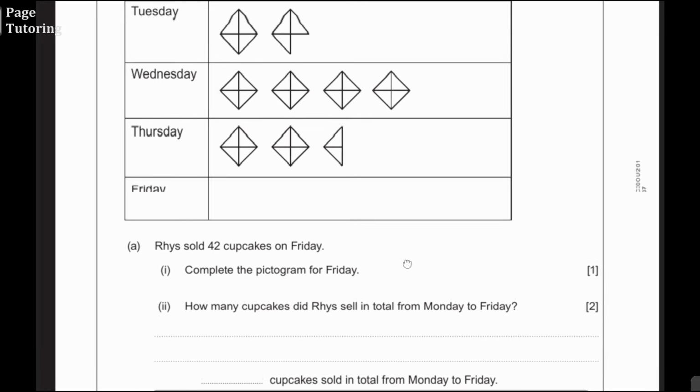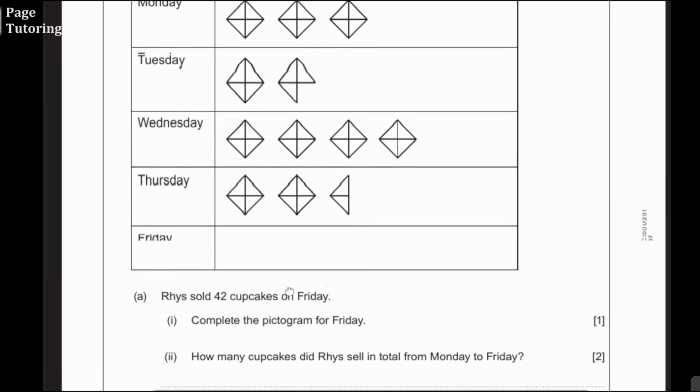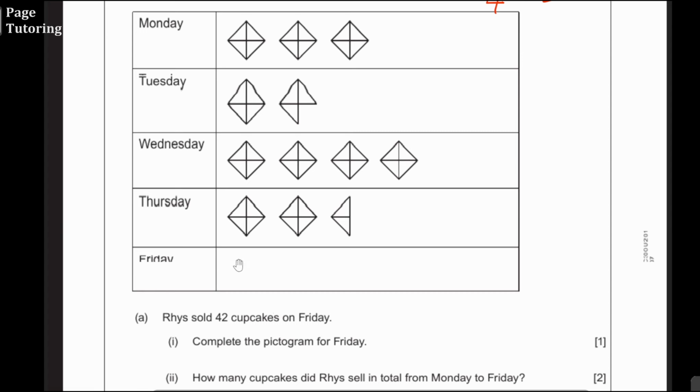So we'll go down, selling different amounts each day. So let's first figure out what it actually wants us to find. Part A. Reese sold 42 cupcakes on Friday. So it says complete the pictogram for Friday. Well, at the moment there's nothing at all in Friday, so we can just start drawing straight away. So we're just going to keep adding these diamonds until we get to 42.